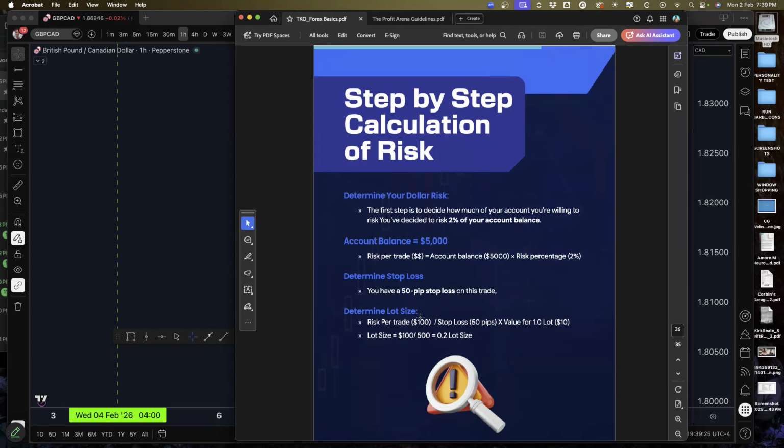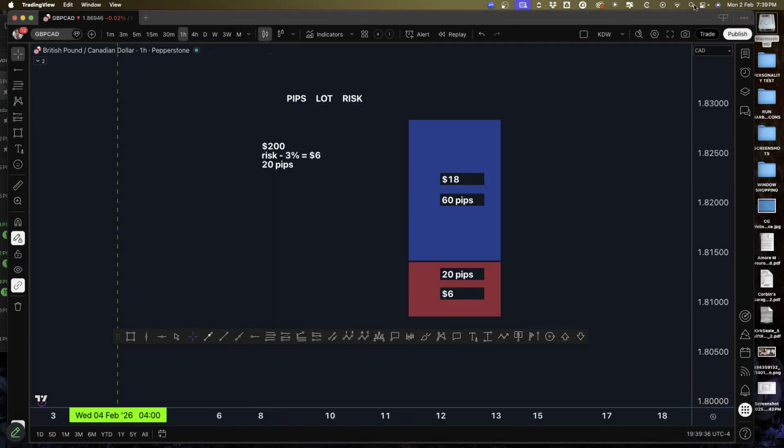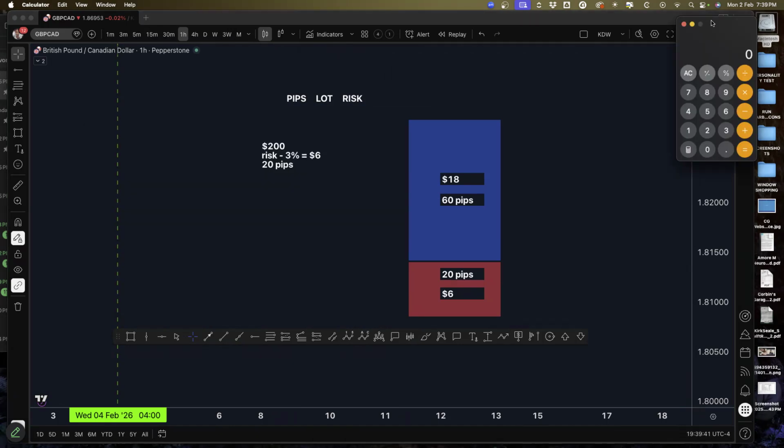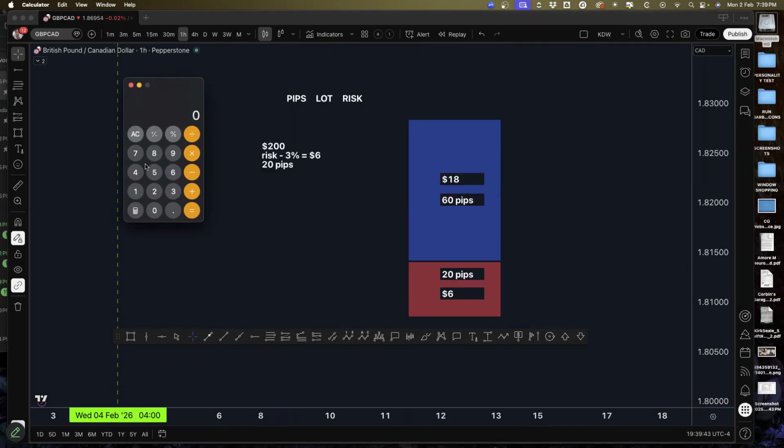So $6 divided by whatever the stop loss is, which is 20, multiplied by 10 should give us what our lot size should be. Let me get my calculator. You guys are seeing my calculator on the screen, right? Let me know. All right, so the risk per trade, 6. All right, so that means for this particular trade, if we were going to take it, our lot size will have to be 0.03.